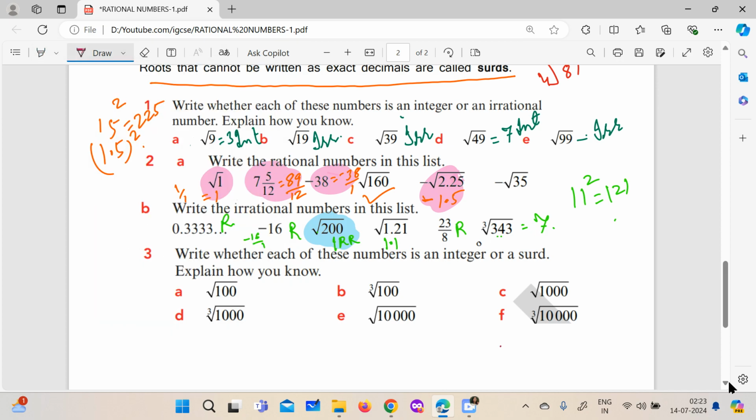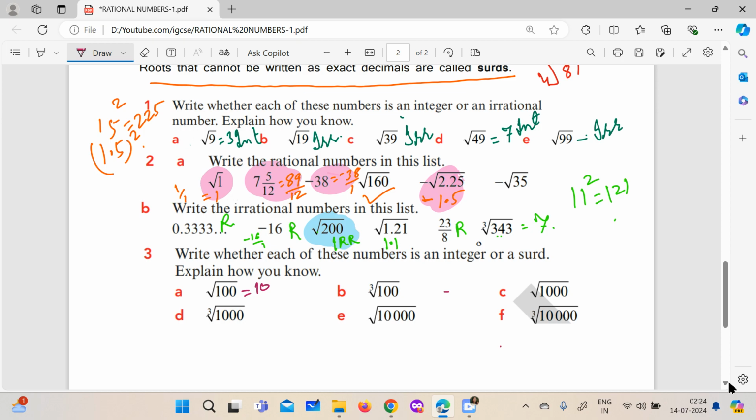Now, the next one. Explain whether each of these numbers is an integer or a surd. So we have to find whether these numbers are integers or surds. Let's simplify whatever we can. Square root of 100. The value of root of 100 is 10. Cube root of 100, we cannot find.